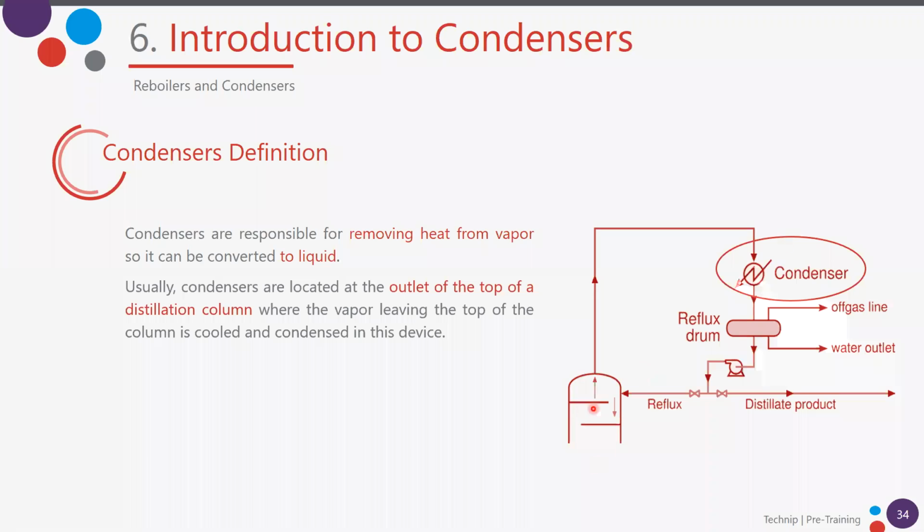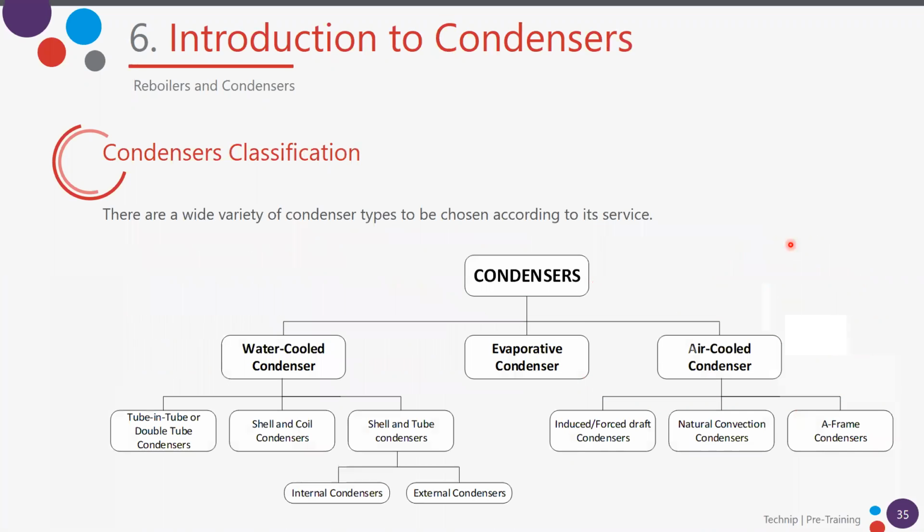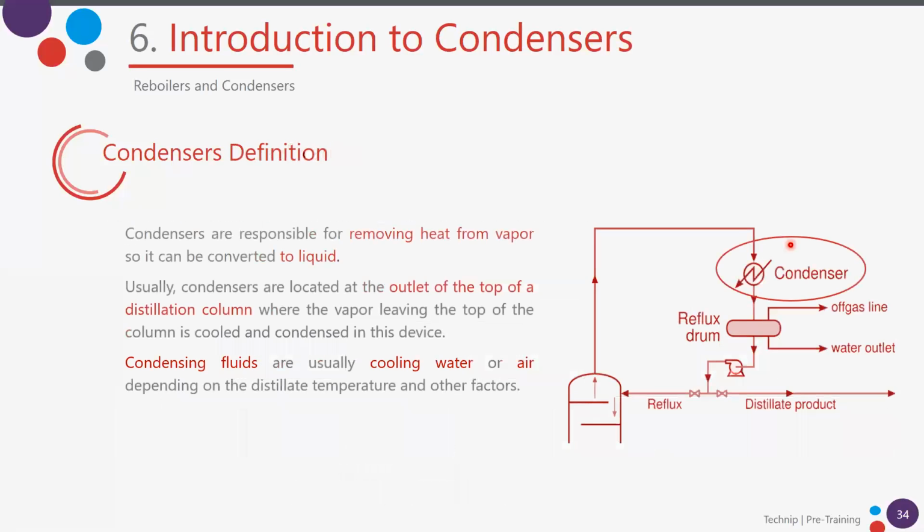We have the column and here the condenser, where the vapor leaving the top of the column is cooled and condensed in this device. Condensing fluids are usually cooling water or air, depending on the distillate temperature and other factors.